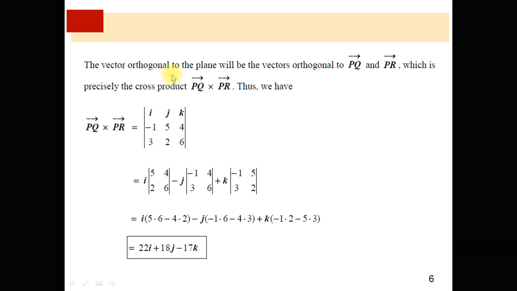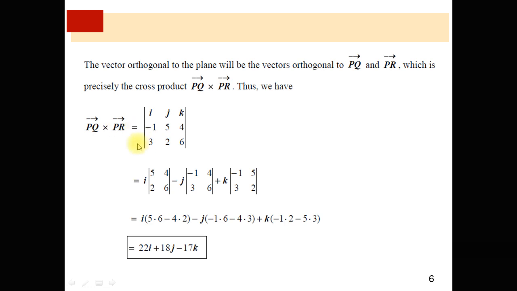So the vector orthogonal to the plane will be the vector orthogonal to PQ and PR, which is precisely the cross product. We have already discussed that from the cross product of two vectors we obtain a vector which is perpendicular to both vectors.